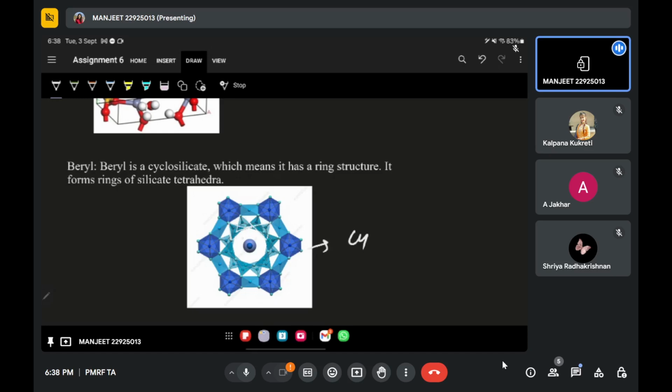They are interconnected to each other and form the ring-like structure, or the cyclic one, and that is not making the 3D framework. This is looking like a 2D framework. These tetrahedra are connected in such a way that they are forming a 2D framework. So beryl is not the 3D silicate one.